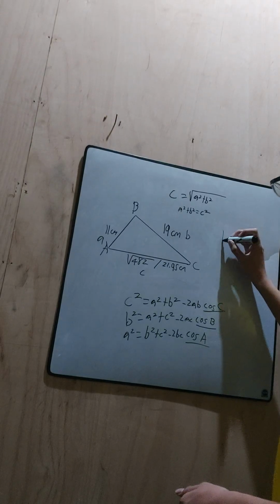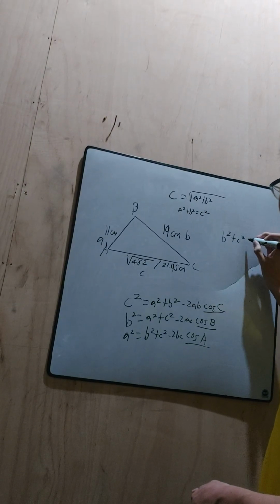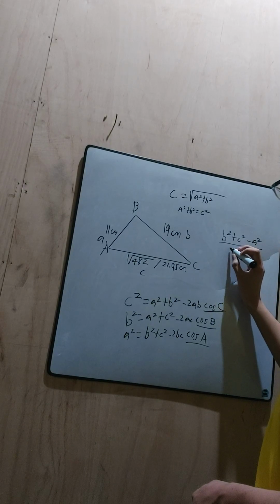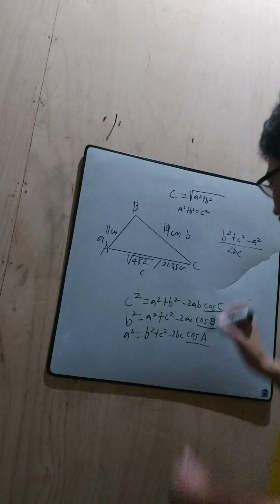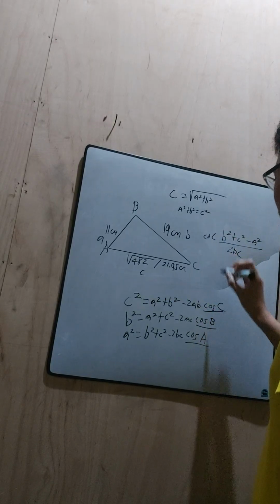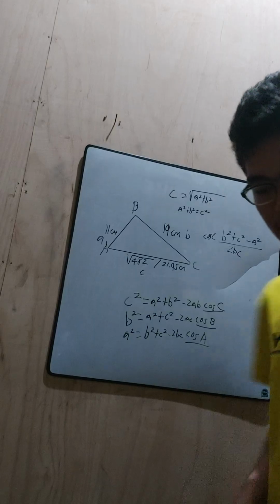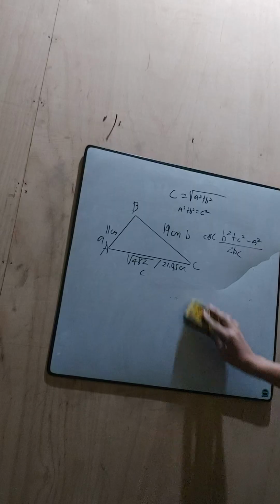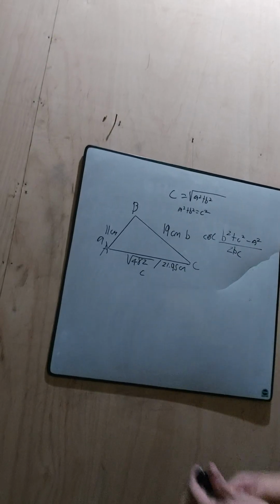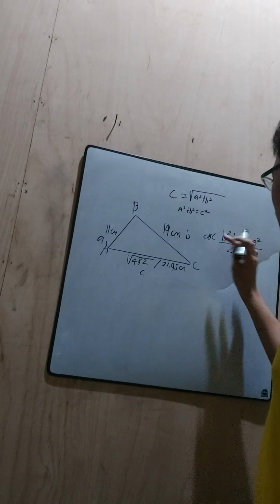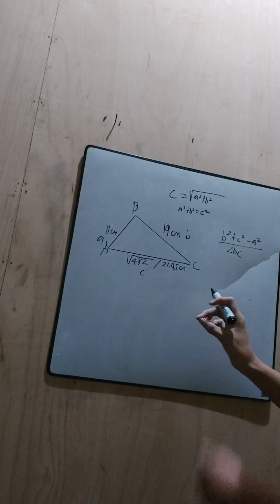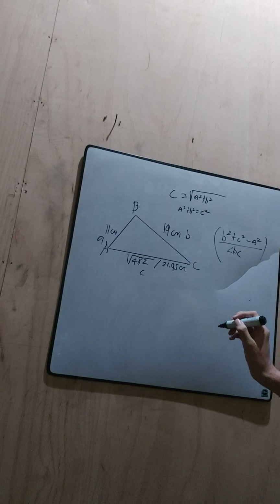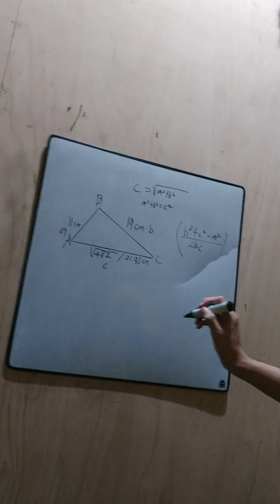That will be b squared plus c squared minus a squared over 2bc. This is for cosine C. So the formula for that is inverse cosine of this value. So let's just quickly rewrite that. Okay, if you can see my work. Okay, there we go.